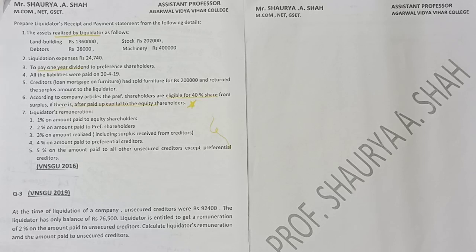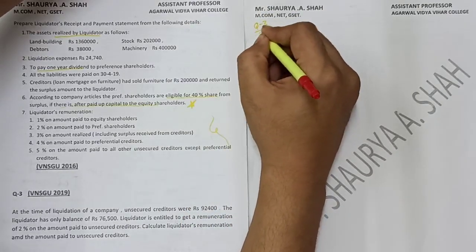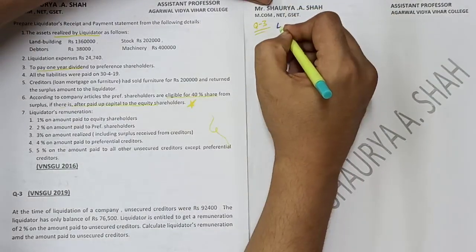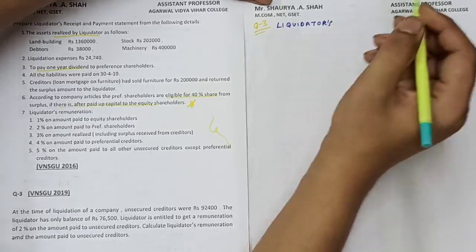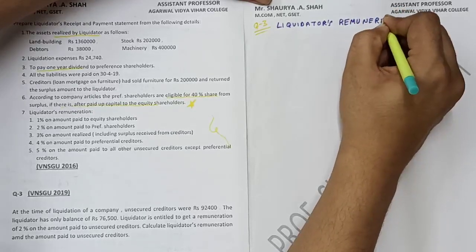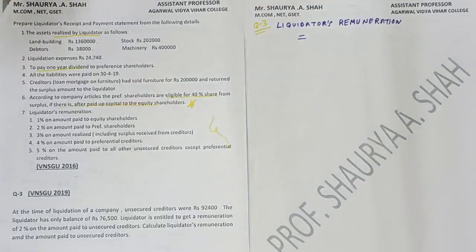I hope everyone is ready with the pen, paper and calculator. What you need to do, students, is simply prepare one equation. First write down liquidators remuneration is equal to, now always remember the amount which is left out with the liquidator.